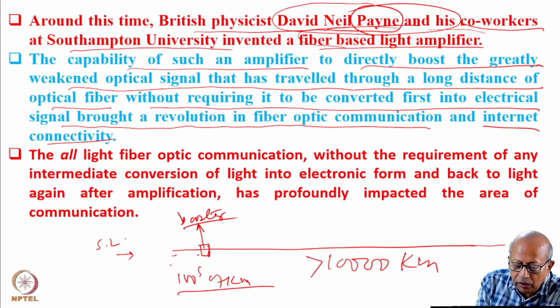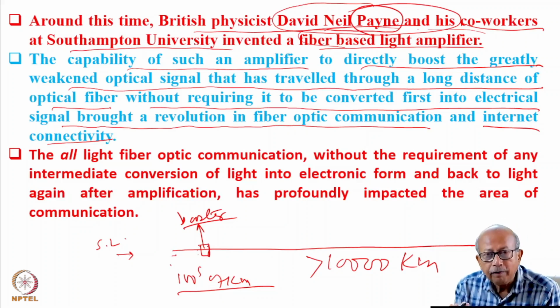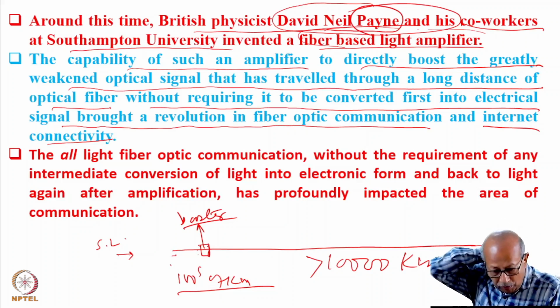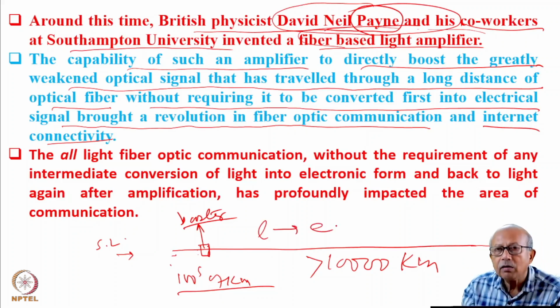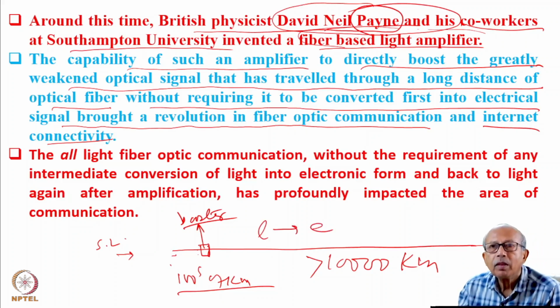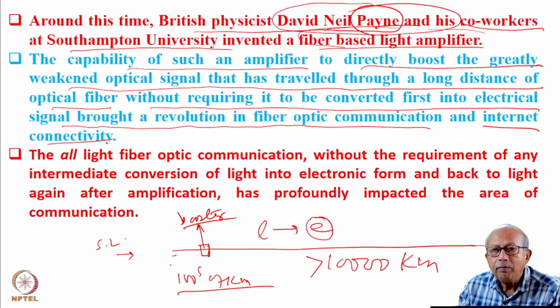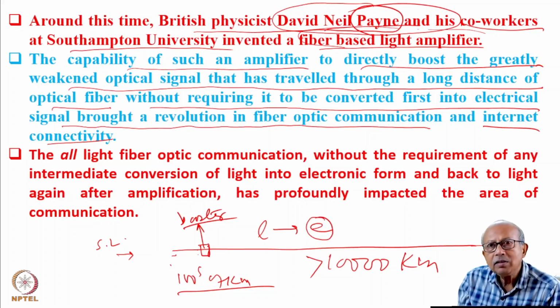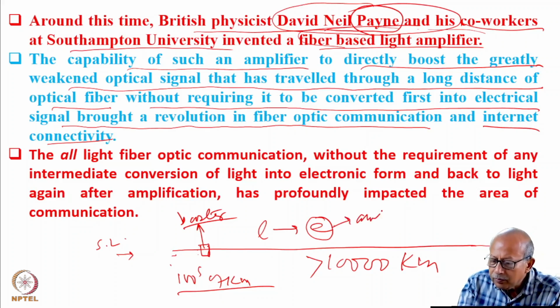This light, which has become weakened as a result of absorption, would be converted into an electrical signal. And then this electrical signal would be amplified very easily in a standard electronic amplifier. So this is then amplified.